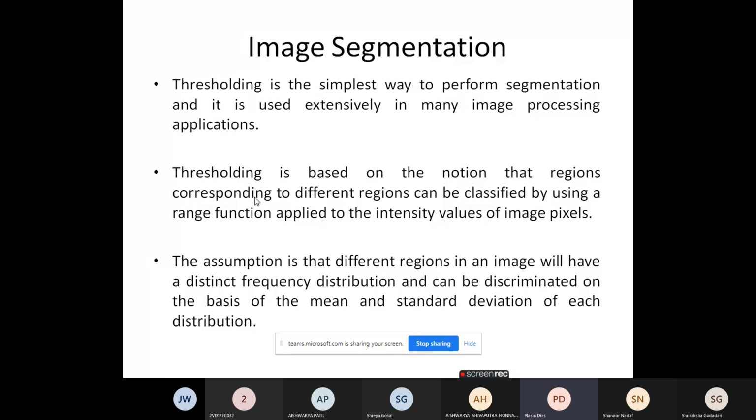We use a term called frequency distribution of the pixel values whenever there is an intensity variation. And to analyze that, we go for statistical methods called mean and standard deviation.